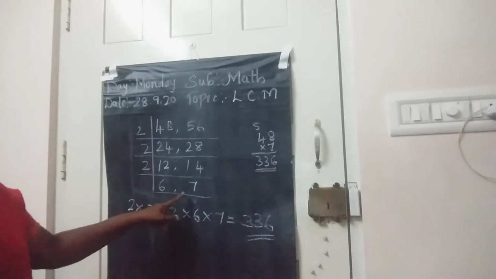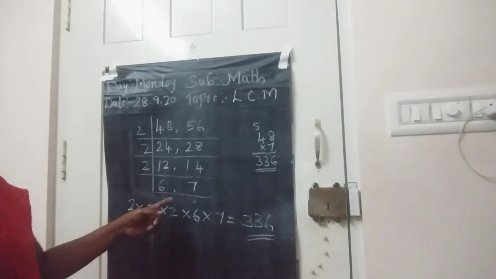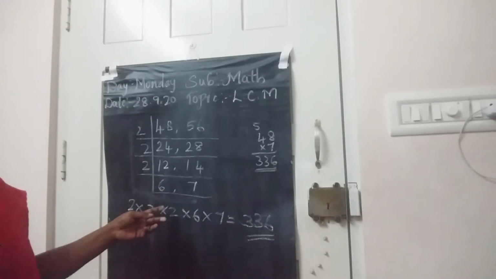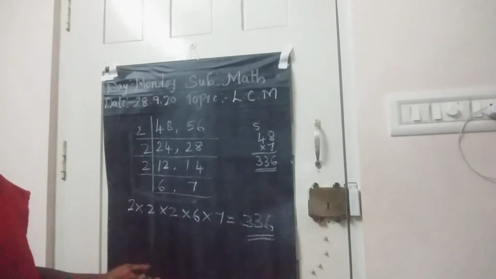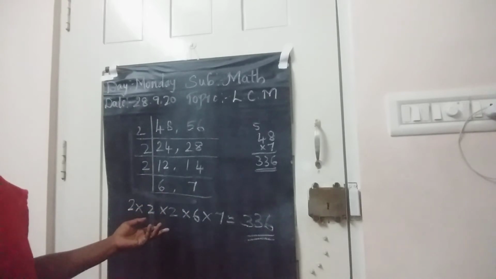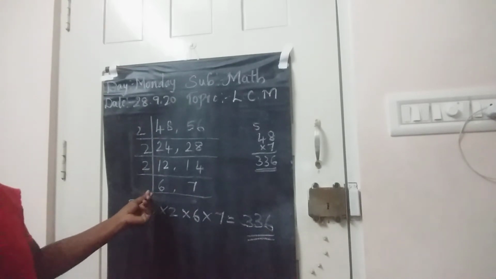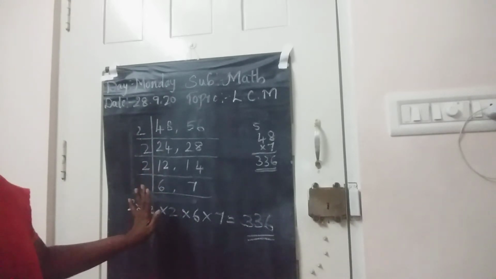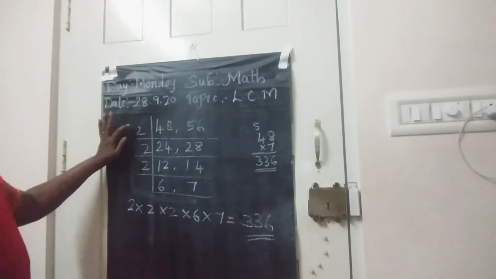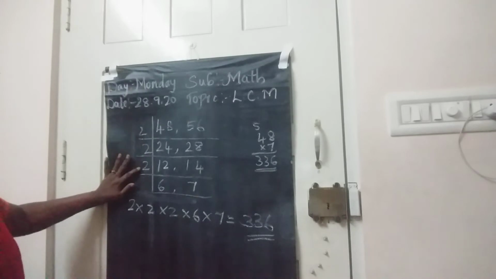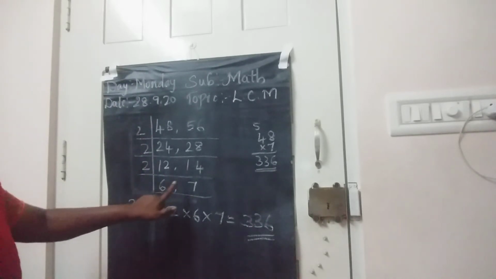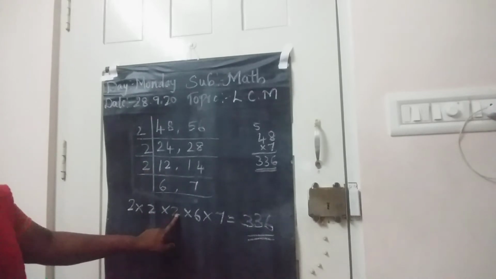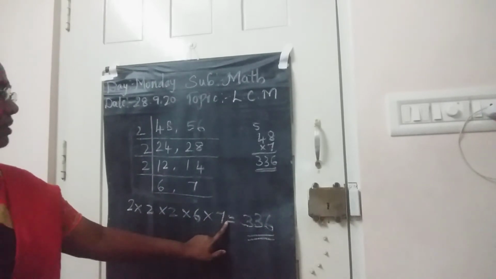But here I can see 6 and 7, one is a composite number and one is a prime number. So I cannot divide with any other number except 1. Yes, children. So I leave that as it is. And what I do, I take 2 into 2 into 2 into 6 into 7.